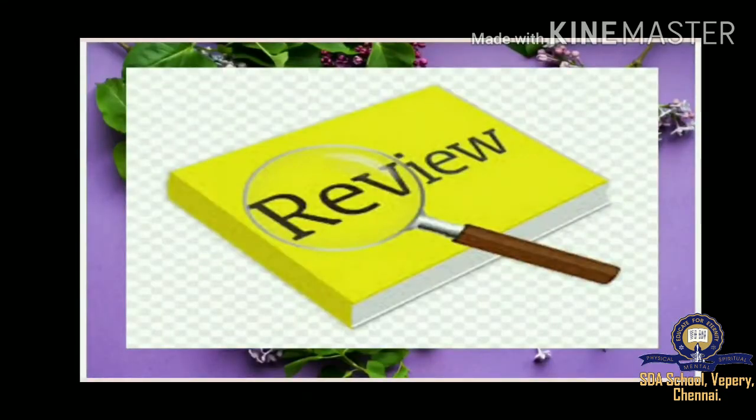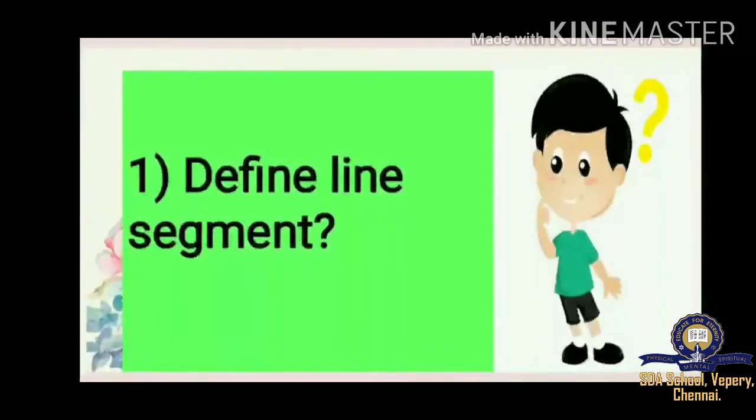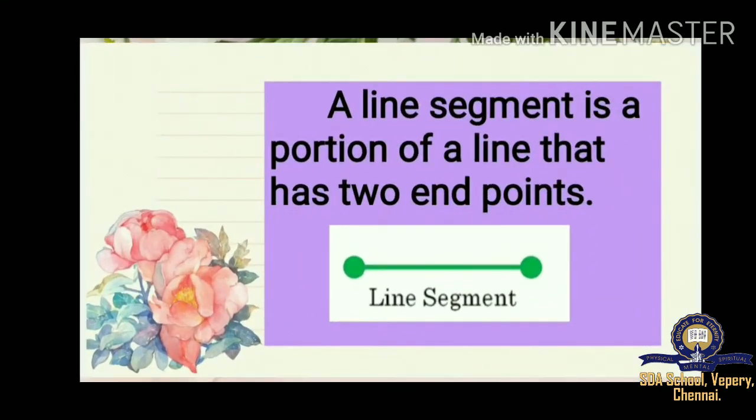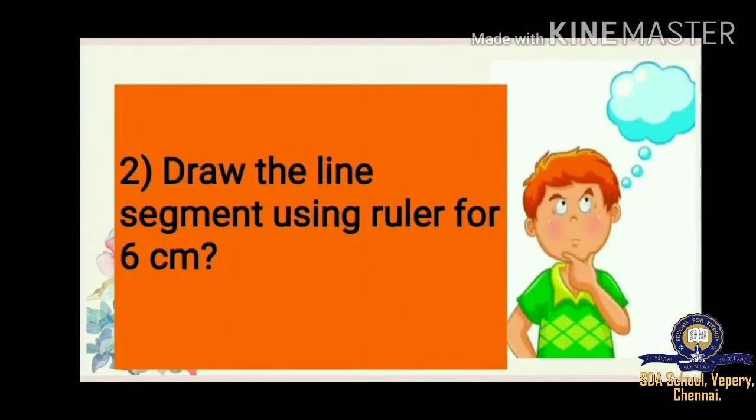Let us quickly recap what we have learned so far. Yes, we move on to our first question. Define line segment. Anyone, students? Very good. A line segment is a portion of a line that has two endpoints. Let's move on to our second question. Draw the line segment using ruler for 6 centimeter.